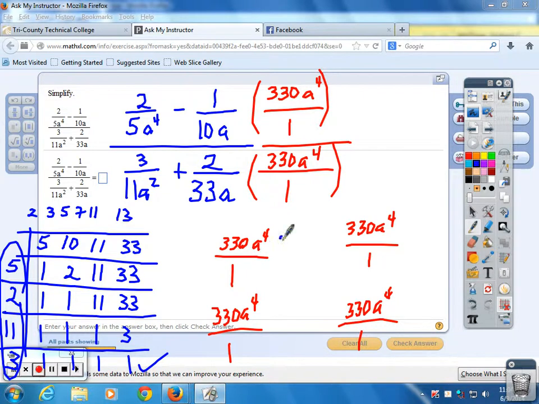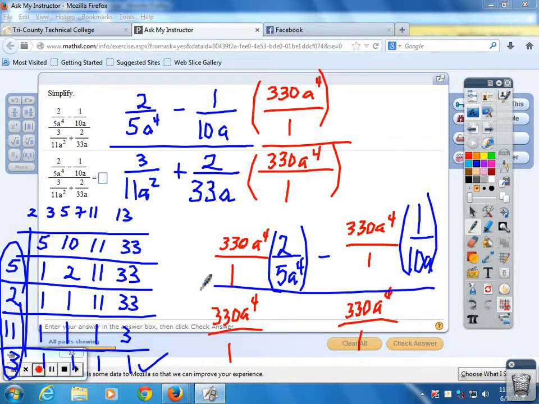Two over 5a to the 4th minus 1 over 10a, 3 over 11a squared, 2 over 33a.